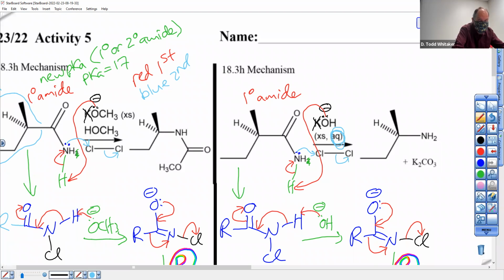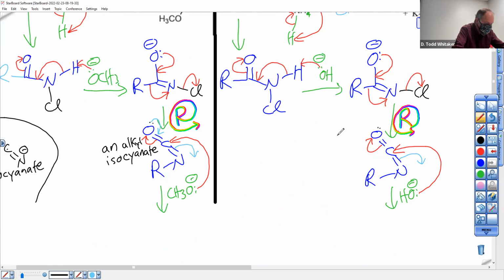Sorry, I've spoken backwards both times, didn't I? I apologize. I will say it again. OCH3 minus is the base. You will be using it and its conjugate acid right there. OH minus is the base. You will be using it and its conjugate acid, water. So I repeat, conjugate acid is needed for a proton right now.